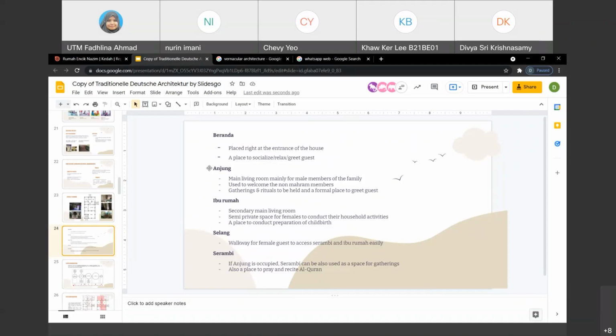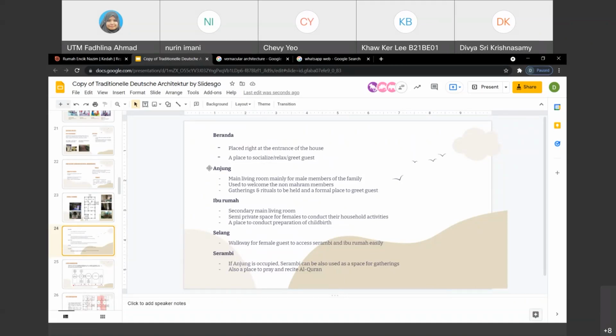Relax means reading newspapers, books, a place to sit and relax as well. And Anjong is the main living room, mainly for male members of the family. Anjong is also used to welcome the non-mahram members, to organize gatherings and rituals, and as a formal place to greet the guest.